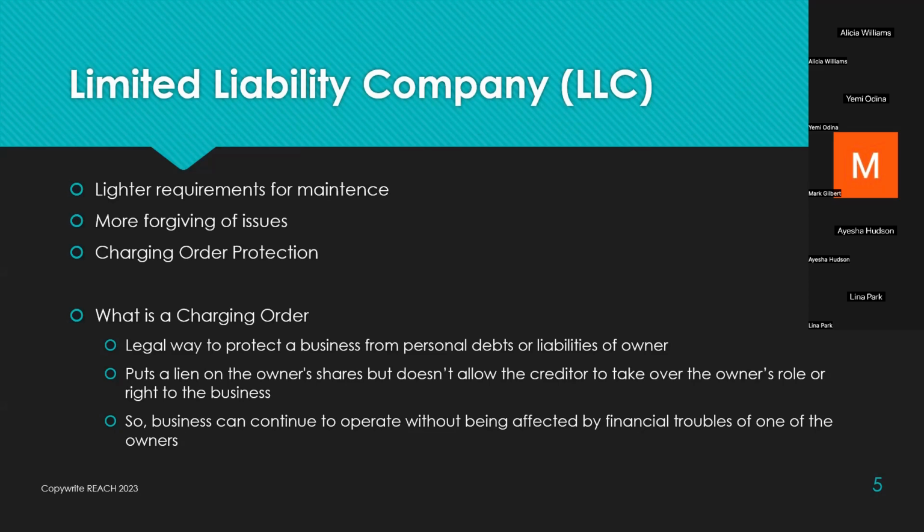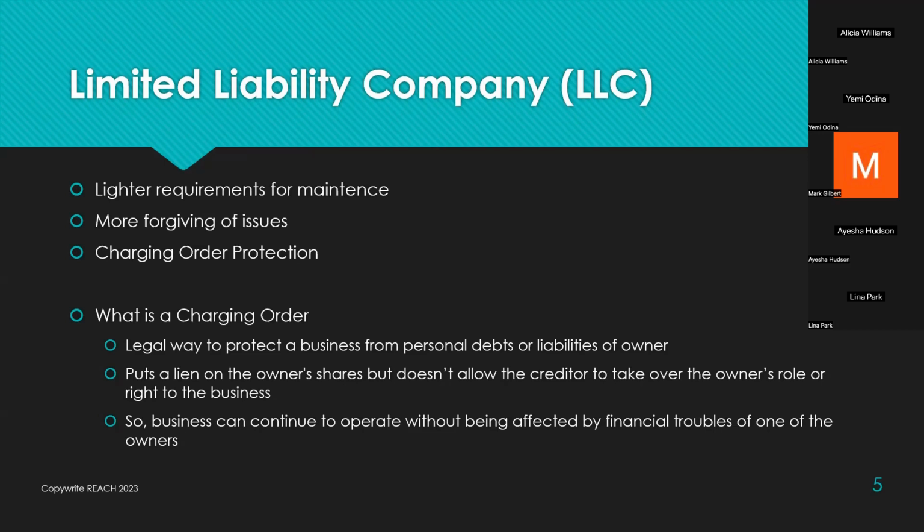It's a way, if somebody were to sue you or sue your company, but they don't get to you individually, but they get a judgment against your company, against your LLC. A charging order is a way to protect the business from personal debts or liabilities that you may have, right?